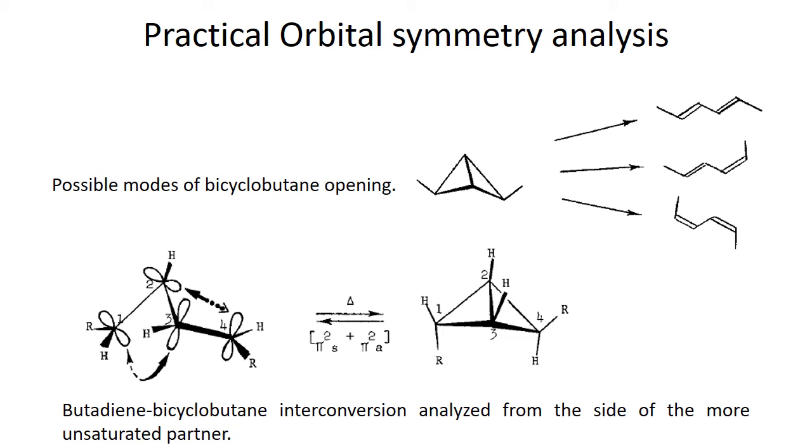Okay, we are moving to the next part of the lecture, that is practical orbital symmetry analysis. For this one again I have to say just consider the book written by Mr. Hooke. So let's consider the example of the ring opening of bicyclobutane.